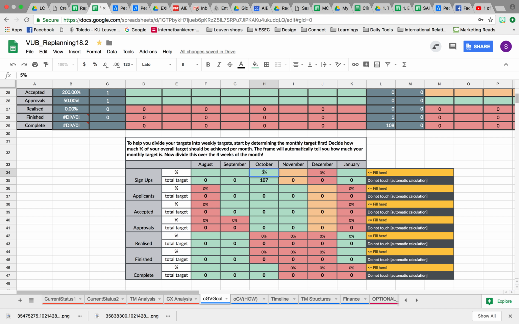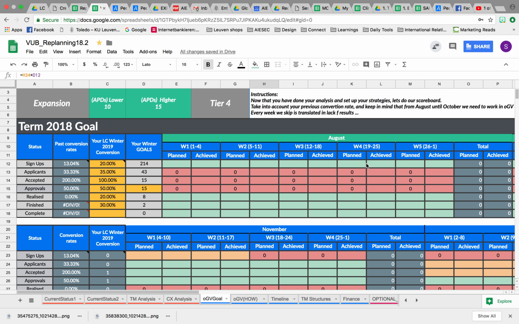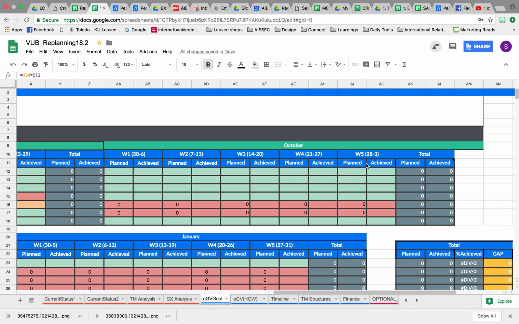So I fill 50%. This tab automatically tells me that it means that I need to do 107 signups in October. Great. I can go up here and go to October and divide according to the month each time in the planned tabs how many signups I am going to do.